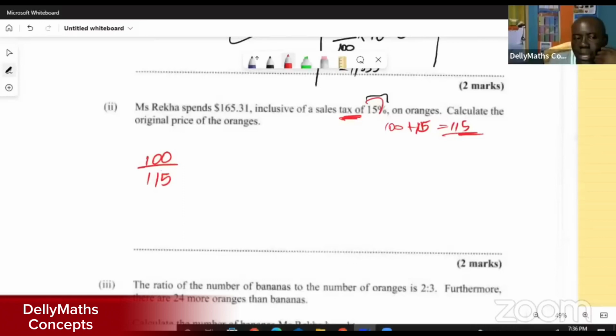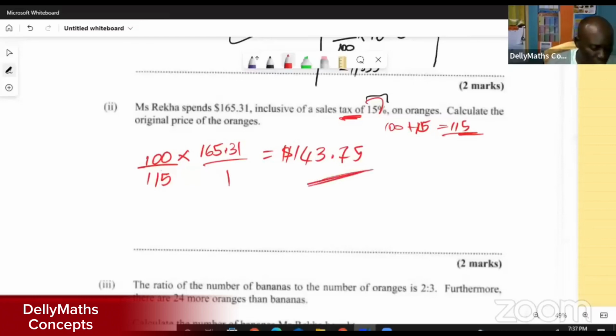So this is the one with the tax. So all I'm going to do is multiply all of this by 165.31. So we're saying that 100 times the 165.31 divided by 115 and we would have gotten $143.75.